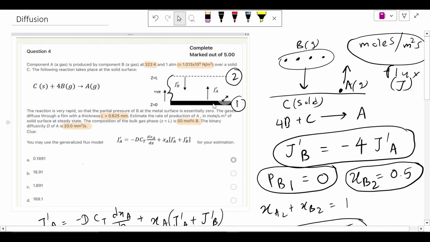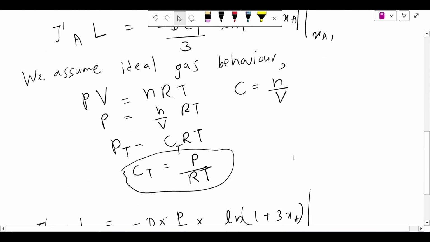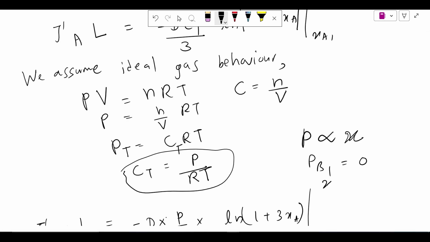XA1 is the molar fraction of A at the metal surface, right? Previously we got the PB1 as 0, so pressure is 0, which means XB1 is 0 also.